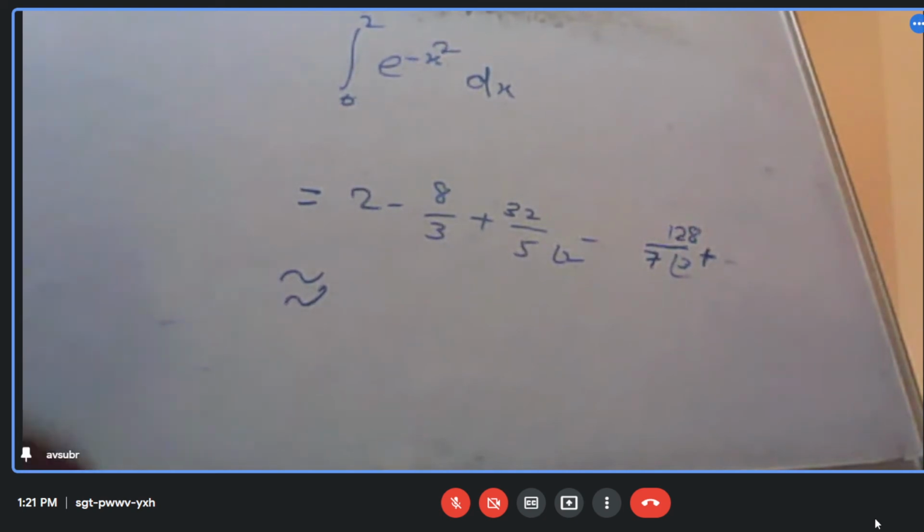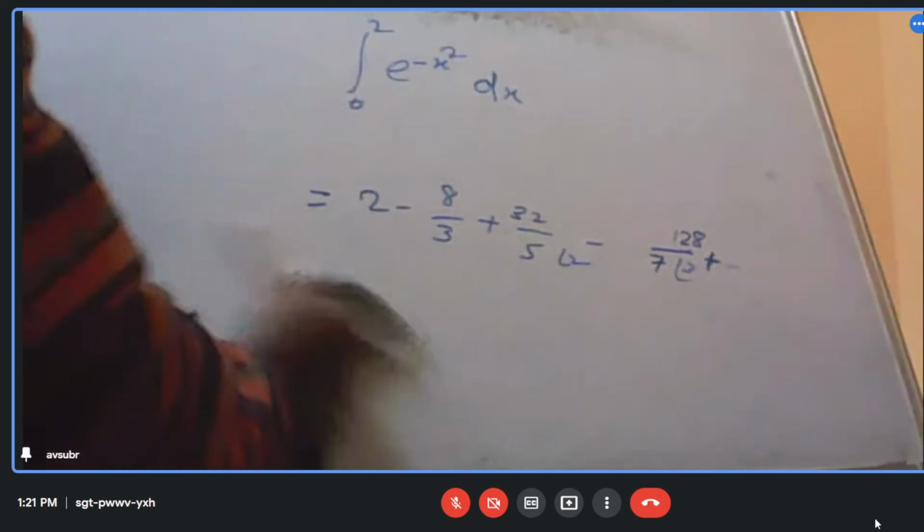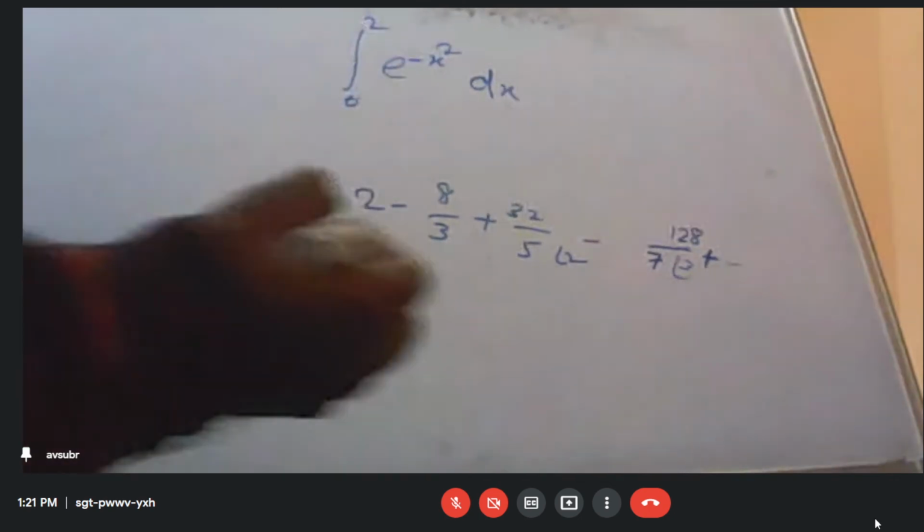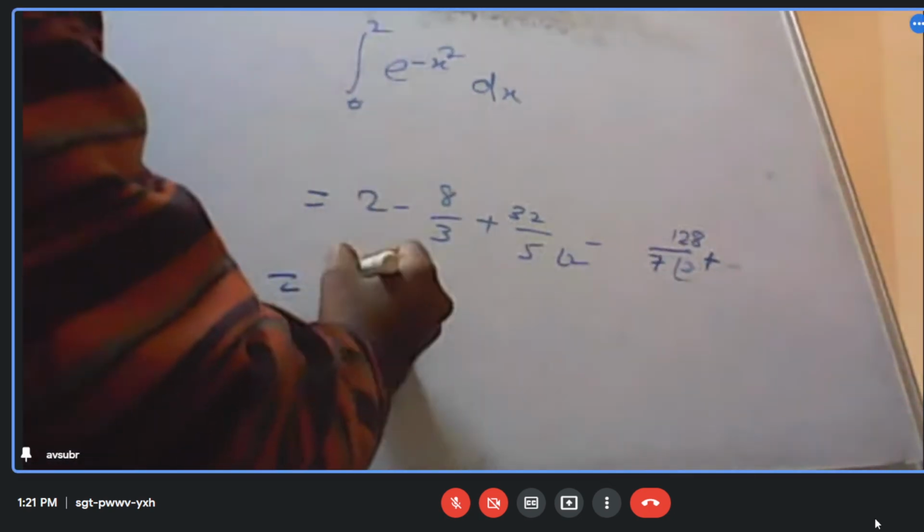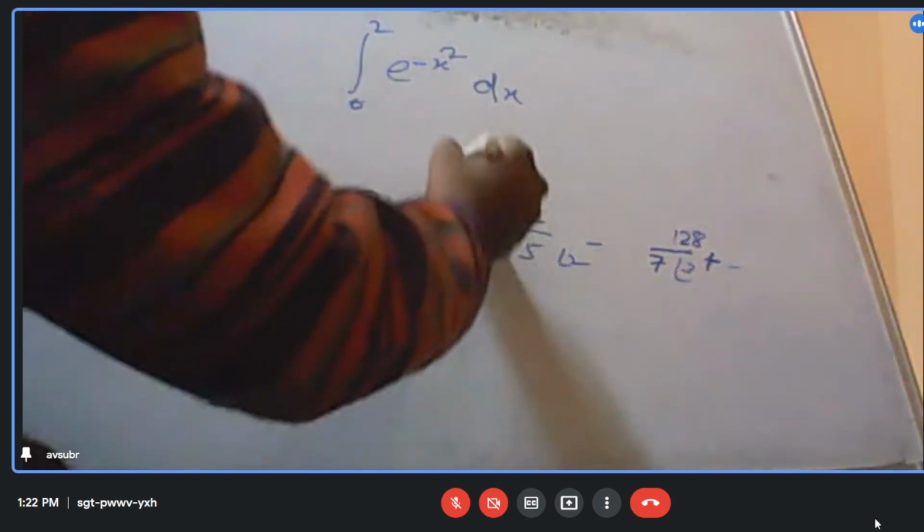Okay, do one thing. First let me write down equal to 2 minus, you calculate this 8 by 3.